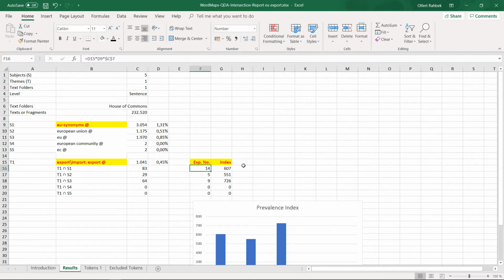That means that we would actually have expected that the cross of EU synonyms in general against export would give us only 14 occurrences. We also would only expect that there would be 5 occurrences crossing European Union and export, and only 9 occurrences crossing EU against export. That is, if all the discussions were evenly distributed over all the sentences in the material.